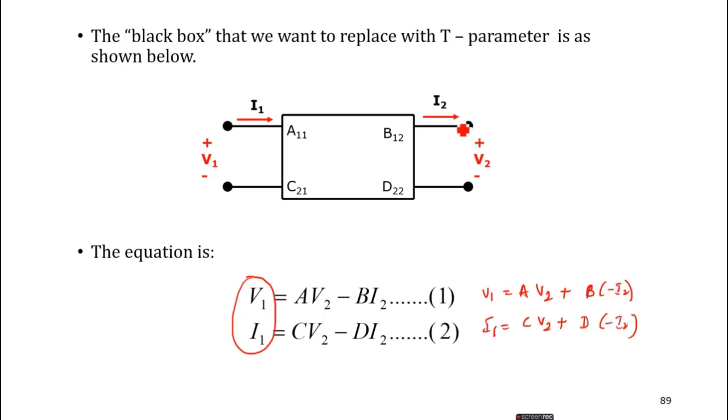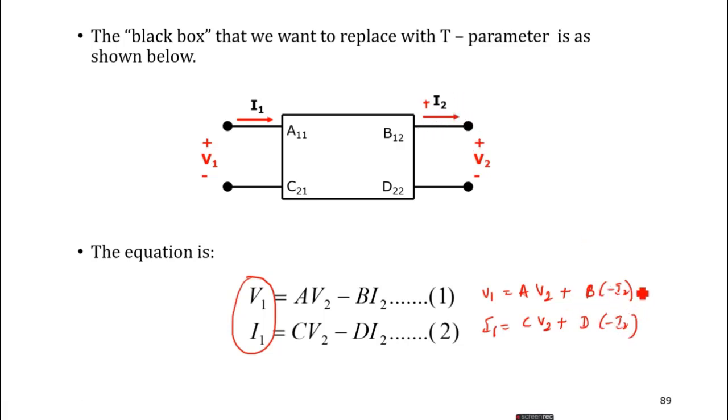In the previous three parameters the current was entering; here the current is leaving, that's why. Or else you can write the incoming current with a negative sign, both are okay. Or you can write the leaving current with a positive sign, both are acceptable here.